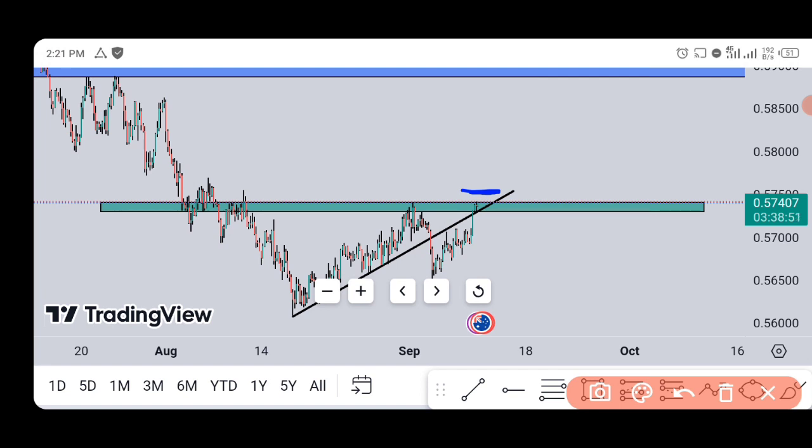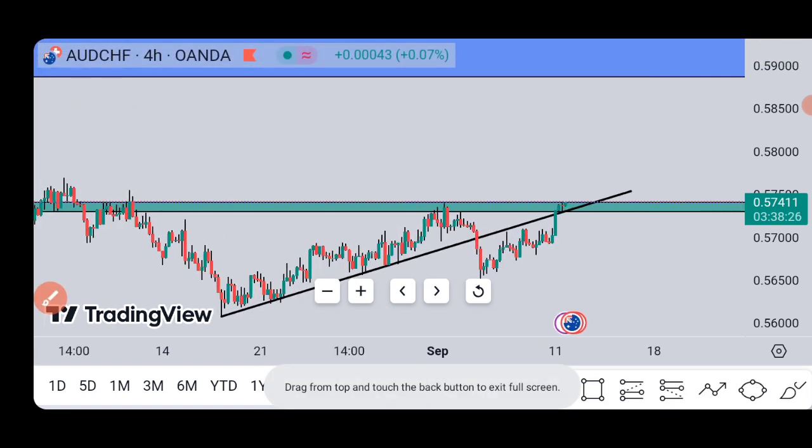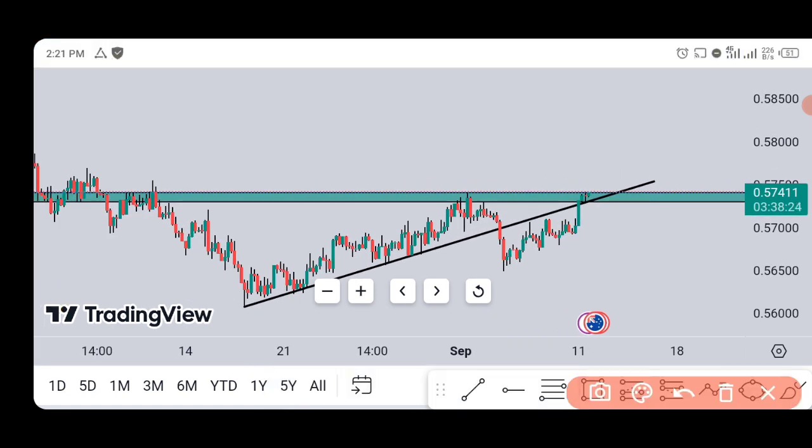Then if I see a correction, then a pullback to the 50% retracement level, I will buy and target this 50% retracement, then fasten my seat belt. I will monitor the trade because I'm going against the trend. So if you want to sell this pair now, be careful because more correction is expected to the upside before the massive drop to the downside.